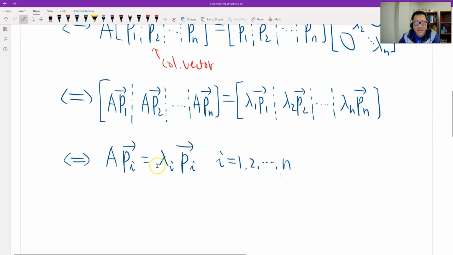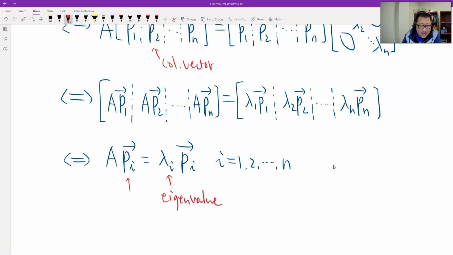You are familiar with this form, right? You are familiar with what this lambda is from here. This is exactly an eigenvalue, right? Just the eigenvalue. Now, how about Pi? Pi is the corresponding eigenvector.